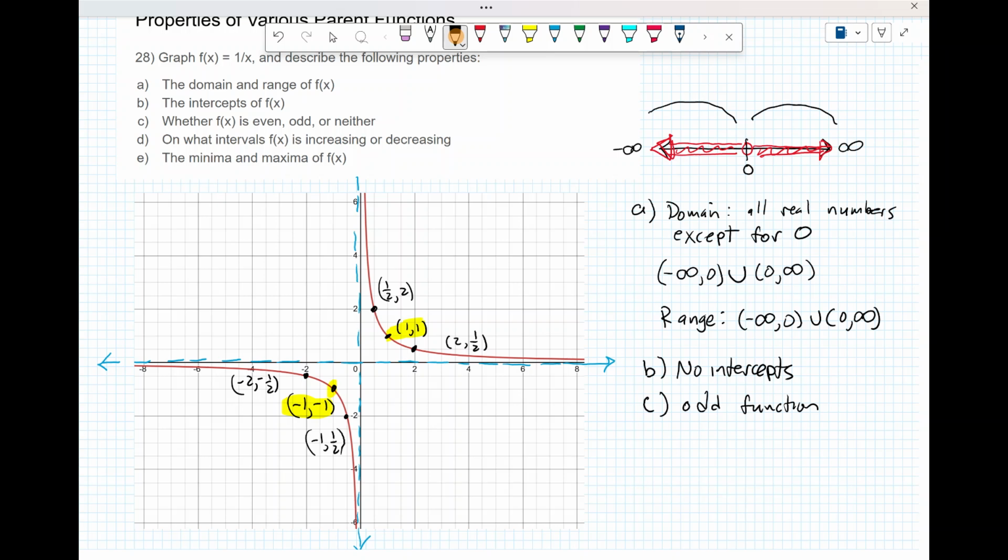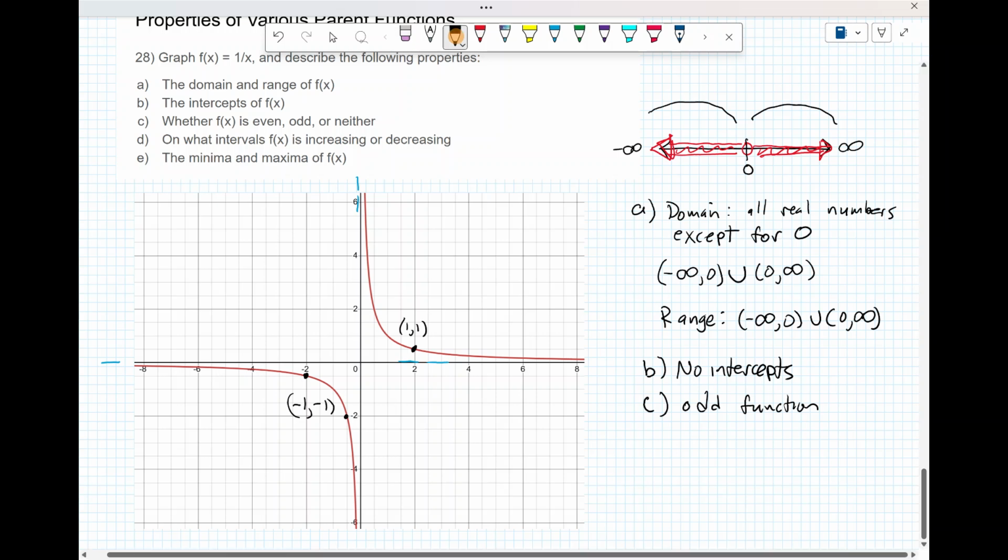All right, on what intervals is f of x increasing or decreasing? I'm going to get rid of some of this stuff so we can see a little bit easier what we're dealing with. All right, let's go from left to right here. If I go from left to right here, it is getting smaller and smaller on the left-hand part.